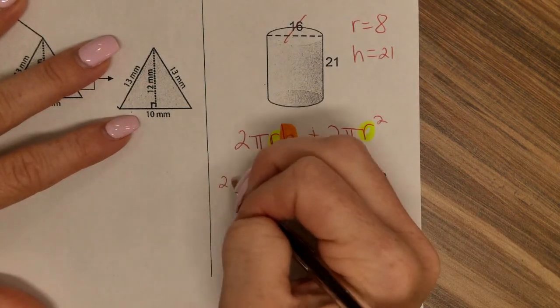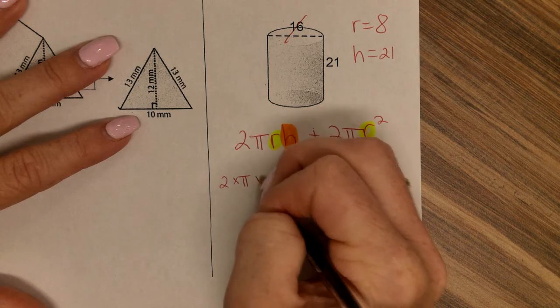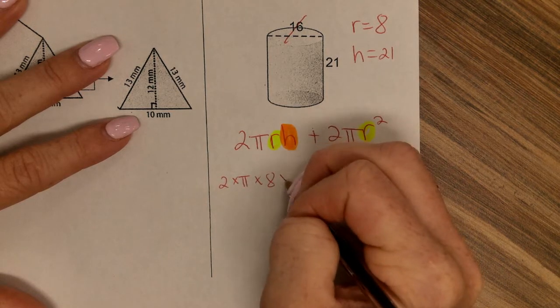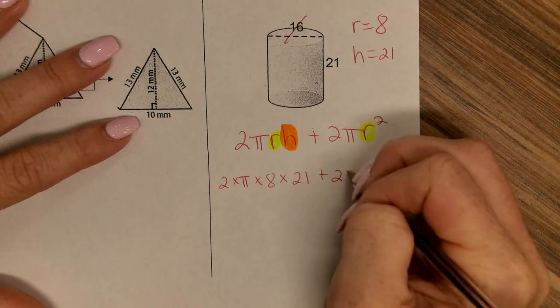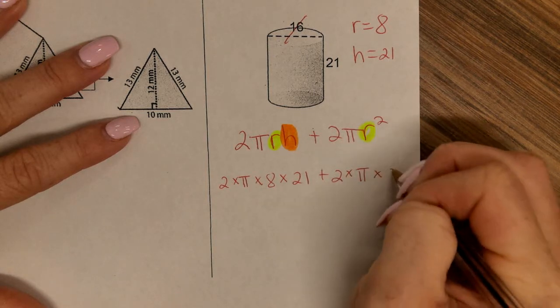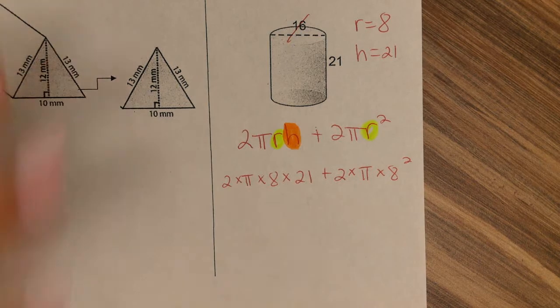And now I just plug those numbers into the formula. So I'm doing 2 times pi times my radius, which is 8, times my height, which is 21, plus 2 times pi times my radius squared. And that is it. That is that easy.